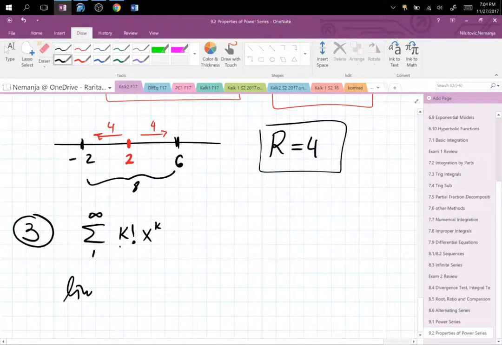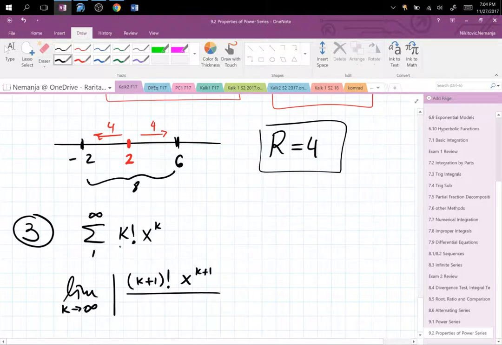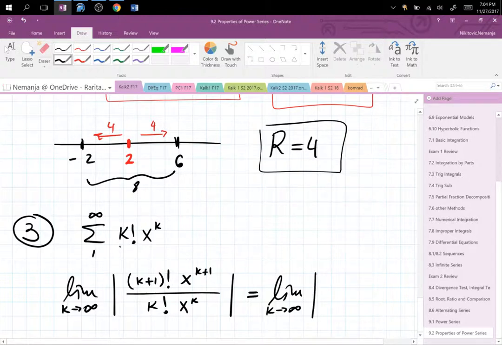We have the limit as k goes to infinity, absolute value, of k plus 1 factorial x to the k plus 1 divided by k factorial x to the k, which is the limit as k goes to infinity. And now we peel off, so we get k plus 1.